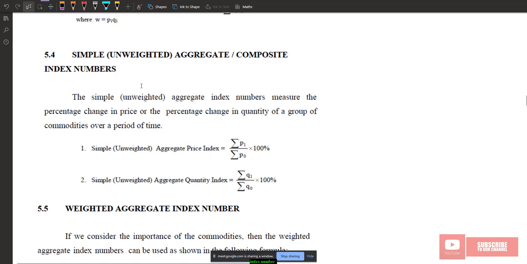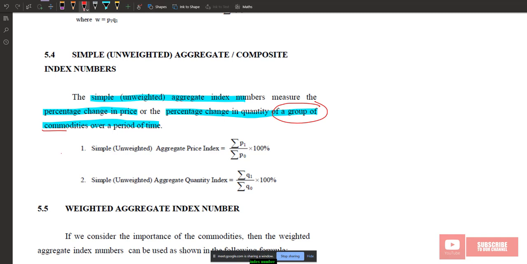The simple aggregate index number, aggregate means we try to aggregate all the values, right? We want to sum all the values, all the commodities together, right? So simple aggregate index number measures the percentage change in price or the percentage change in quantity of a group of commodities over a period of time.